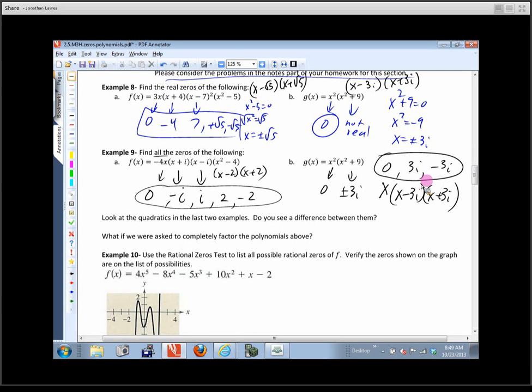Find all the zeros, like we've done several times already today, and these are the factors that would come from each one of these zeros. So these are irreducible quadratics. They don't factor nicely. This one factors using irrational numbers, and this one factors using complex numbers, or numbers with i in them. That might take some thought to think about and figure out how all this stuff fits together. Okay? Any questions?